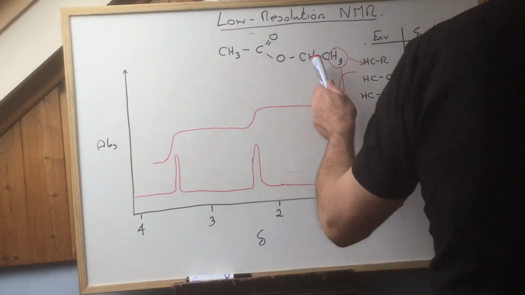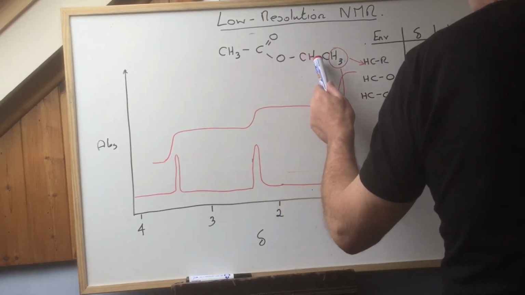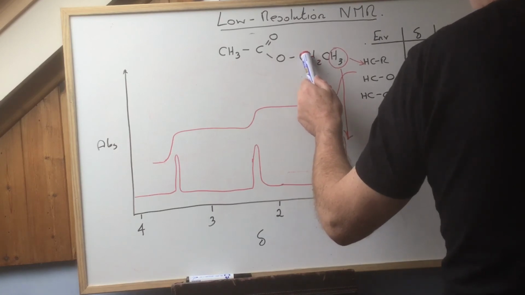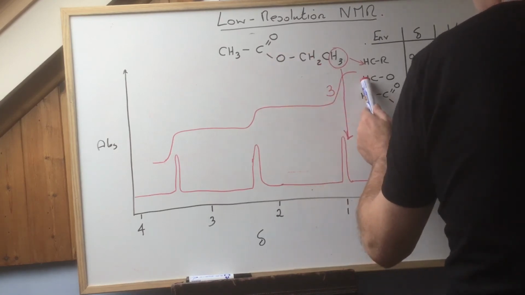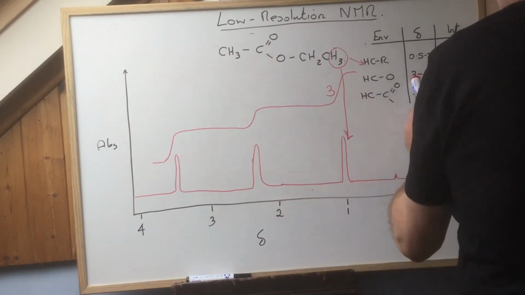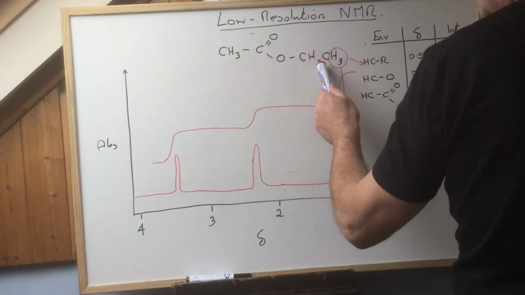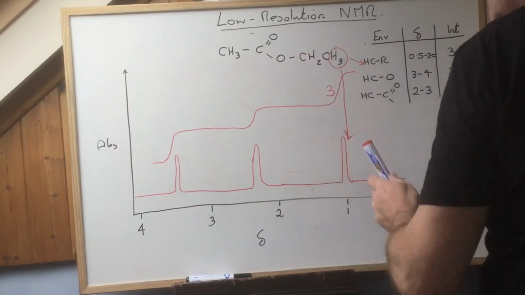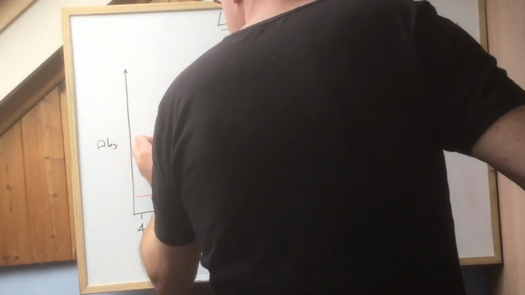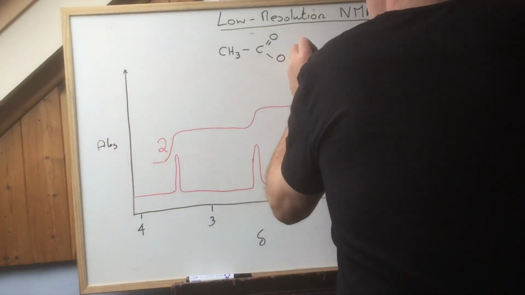Okay, moving along, protons joined to a carbon, joined to an oxygen. 3 to 4. And there's 2 of them. Okay, so 2 up here.